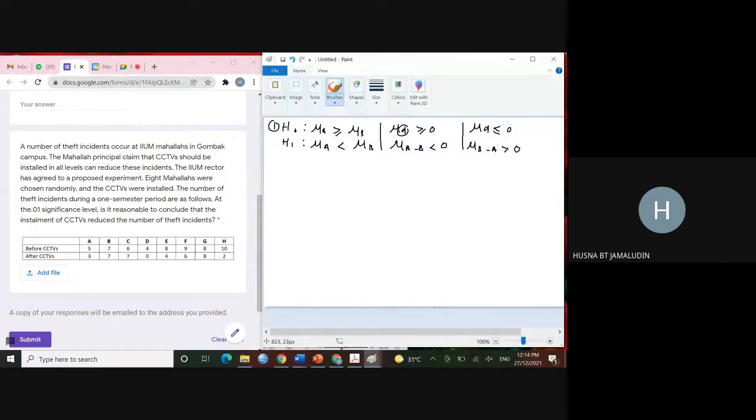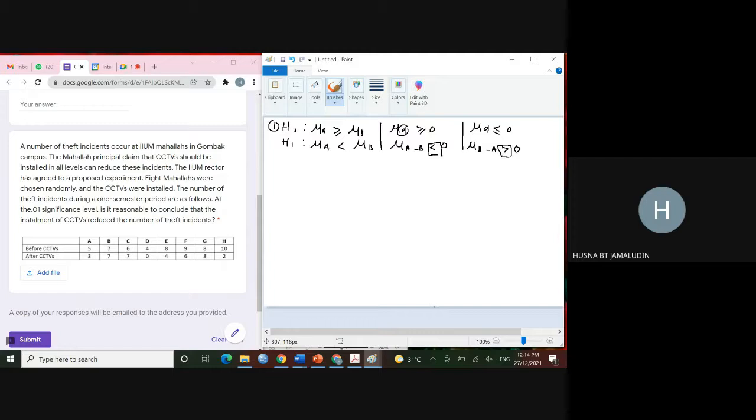Okay, so if you want to put the word difference, you have to define it. What do you mean by difference? After minus before or before minus after? If you define it as after minus before, your sign will be smaller, because after installment of CCTV, definitely the number of theft cases will be reduced. But if let's say your difference is before minus after, then the sign will be bigger. Before the installment of CCTV, people can do whatever, right?